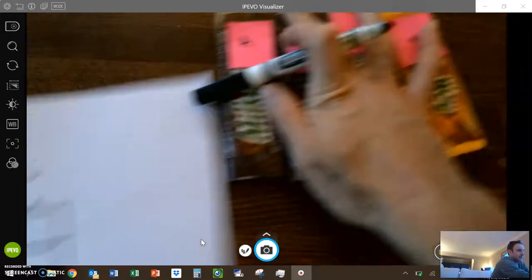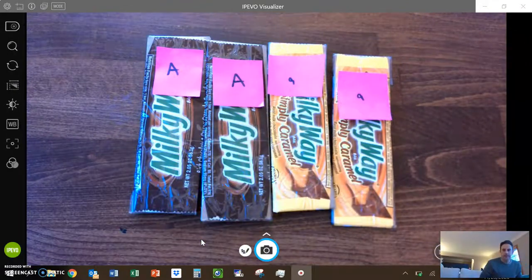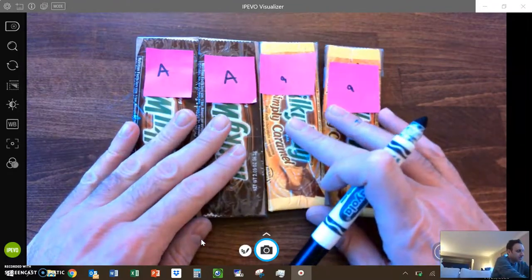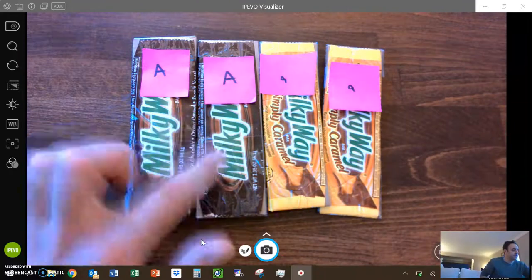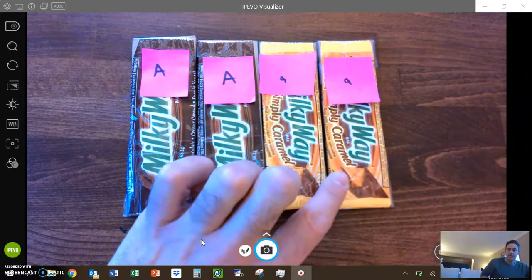Let's bring in some candy bars. Let's imagine we are at metaphase 1 of meiosis, where homologous chromosomes are paired up. And let's suppose that the darker color Milky Way is big A, the yellowish Milky Way is little a.